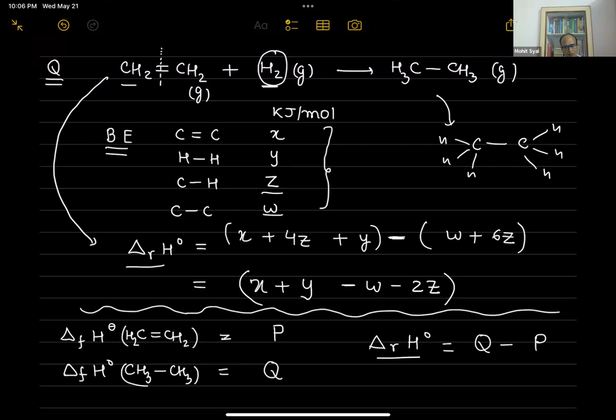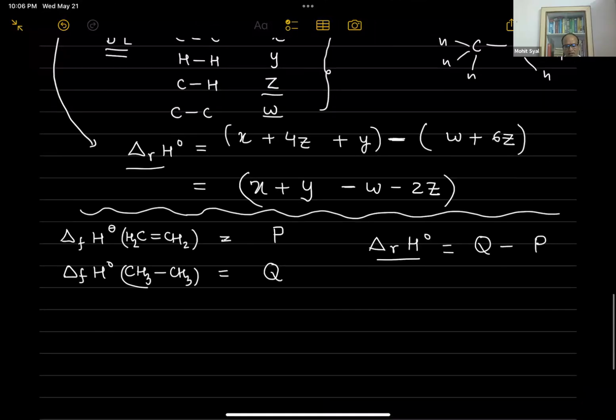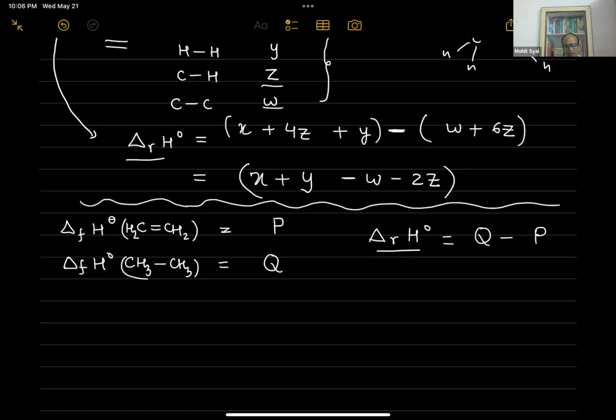If it is not standard, whatever enthalpies are given, even at different temperatures, the formula remains the same: sum of the enthalpies of formation of products minus reactants. You need to multiply by the moles of the products or reactants also, but in this question we have just one mole, so I have not multiplied Q or P by 2 or 3. Is that clear?